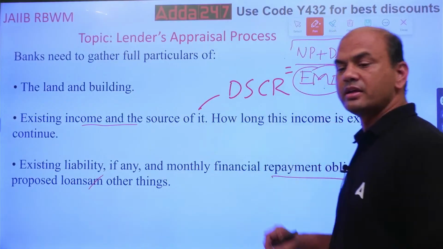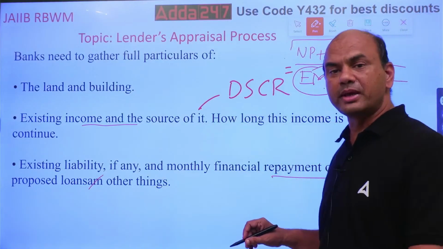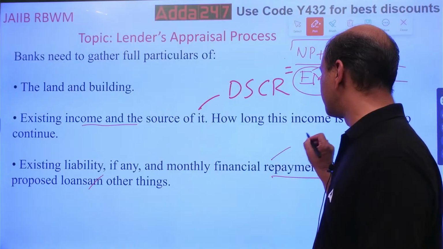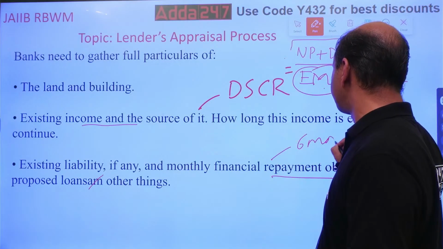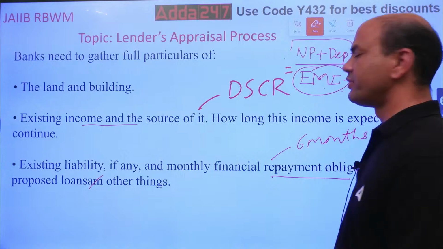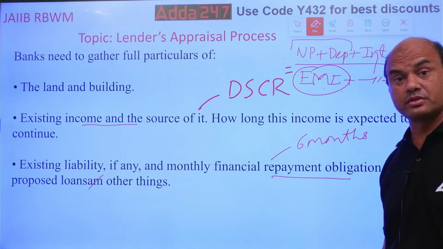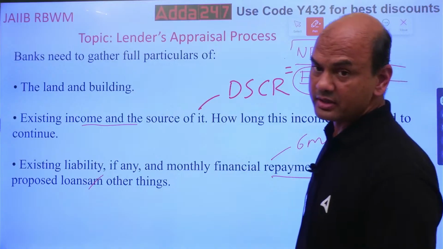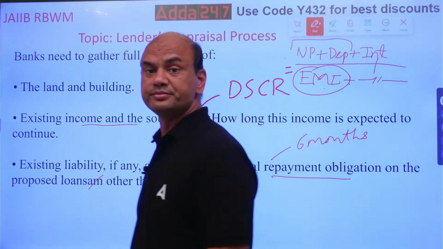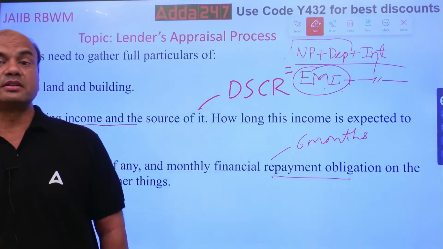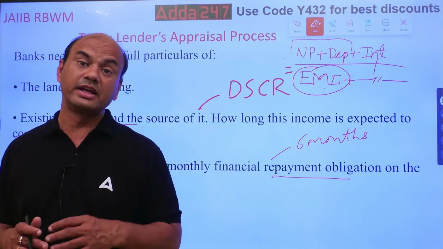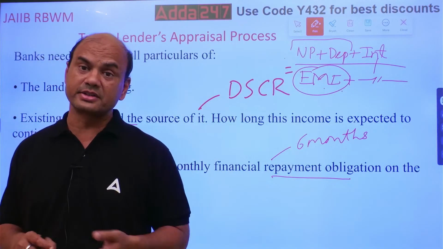Here we generally take a 6 months or 1 year bank statement. Generally 6 months is okay. We take the statement of the account for all the existing loans, to see whether the loans have been repaid regularly, whether there is any delay in the payment, and how many times.